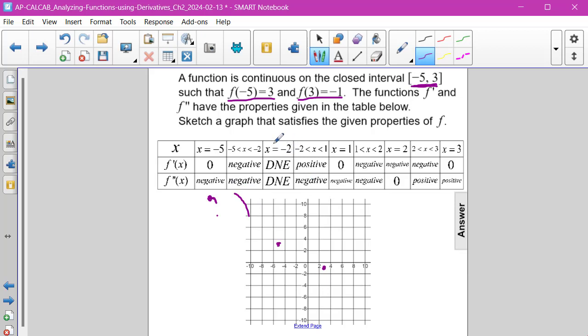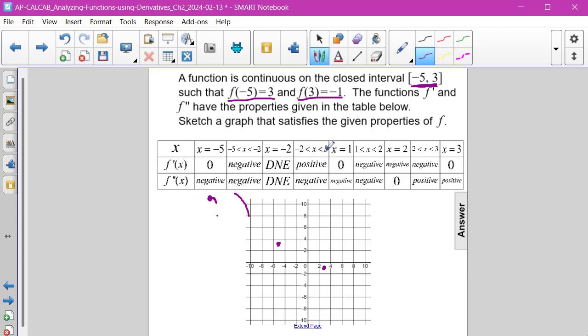When we get to x equals -2, the derivative and second derivative do not exist. Now this could create a cusp, a vertical tangent, a corner, something of that nature. Based on this rough sketch, it looks like it's going to appear to be a cusp, but we can double check that by continuing in the table.